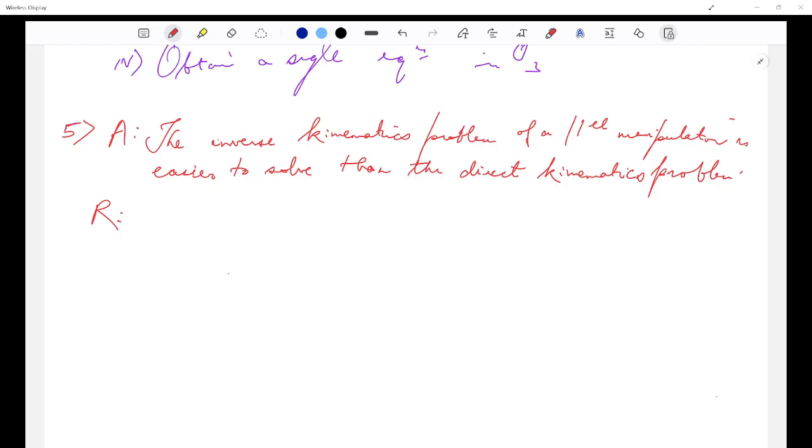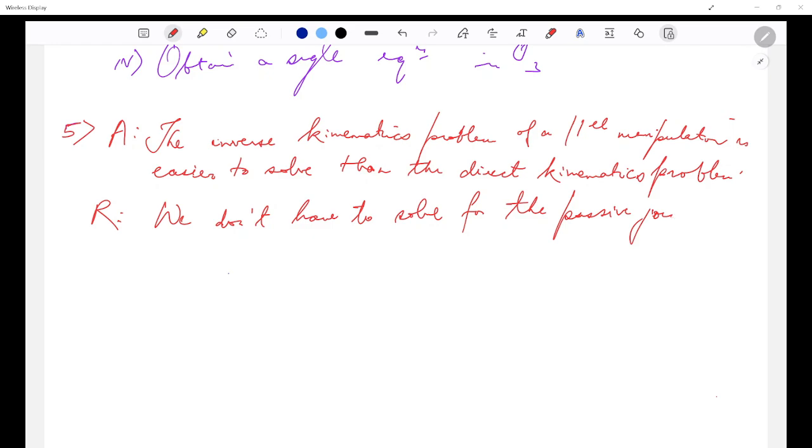The reason is we don't have to solve for the passive joint variables in case of inverse kinematics.